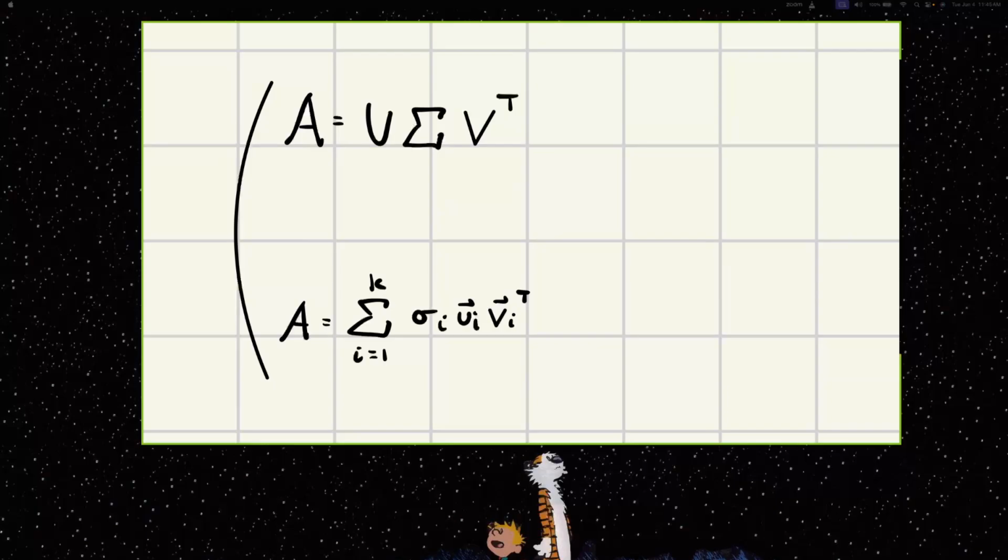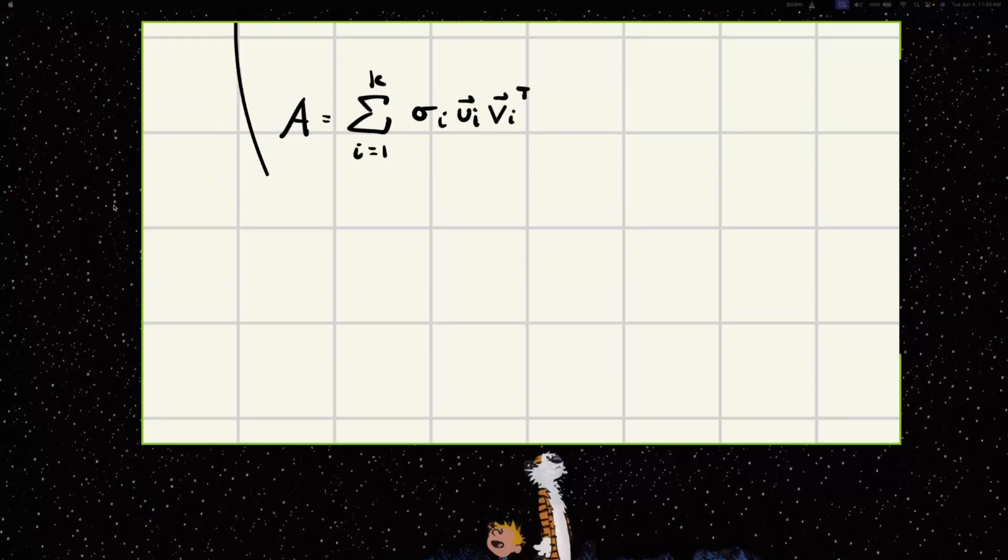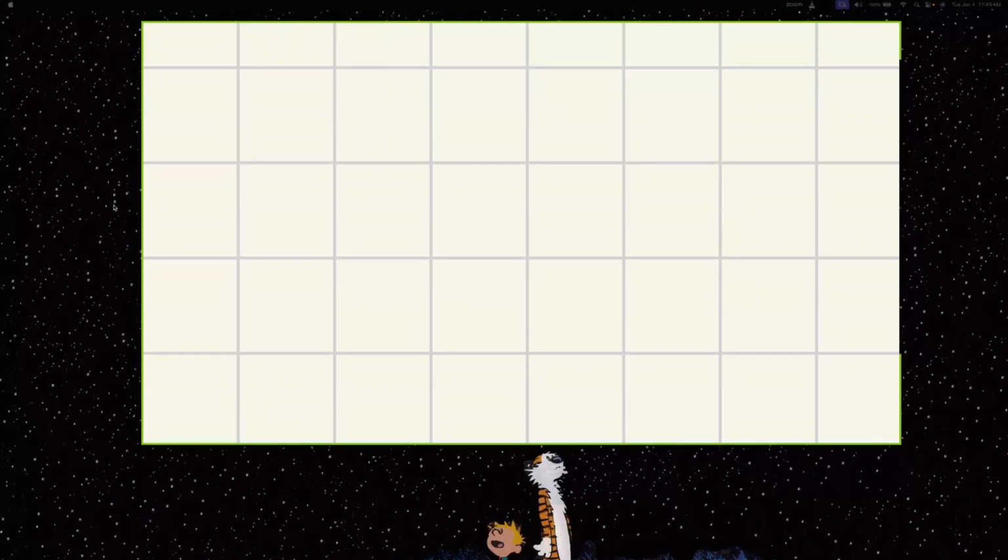So what is the big picture of the actual decomposition itself? Well, the reason it's so important, and the reason I'm stressing it so much, and the reason that everyone learns it, is because we can take any real or complex valued matrix, so it's not just limited to the real numbers, and we can decompose it into a rotation, stretch, and rotation.